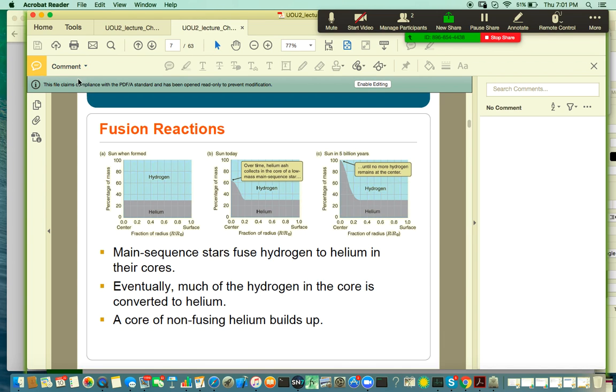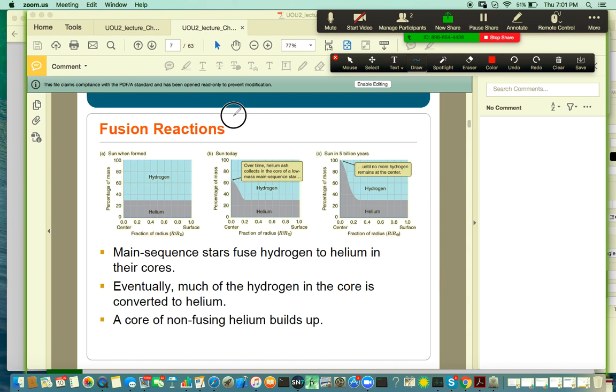So 4 atoms of hydrogen are fused into 1 atom of helium and a bunch of particles named neutrinos. And these neutrinos interact very poorly with matter. So once they are produced, they escape the star and they do not interact with the stellar layers.